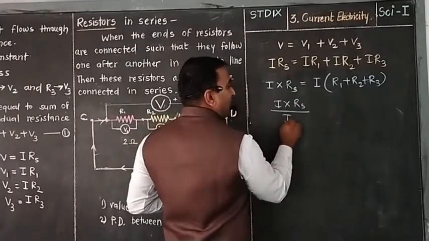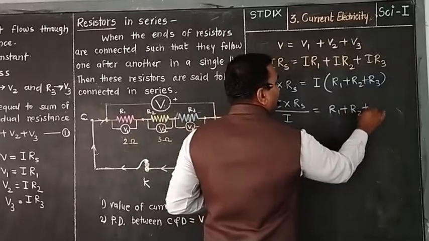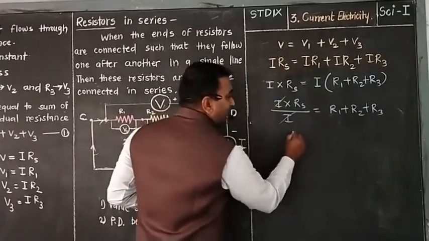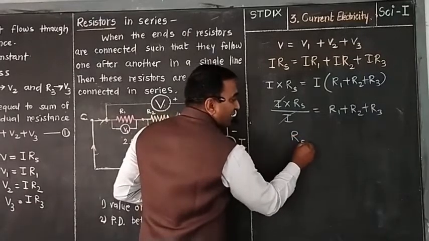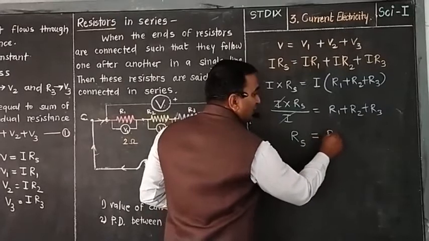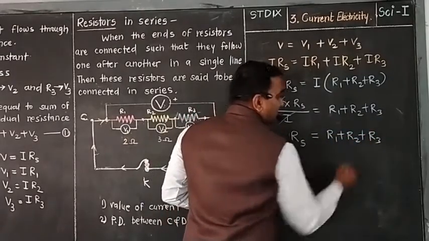IRS divided by I is equal to R1 plus R2 plus R3. I cancels, and here finally we have reached effective resistance in series is equal to R1 plus R2 plus R3.